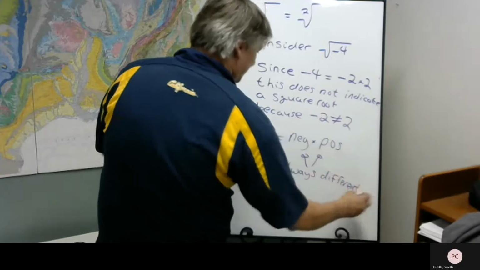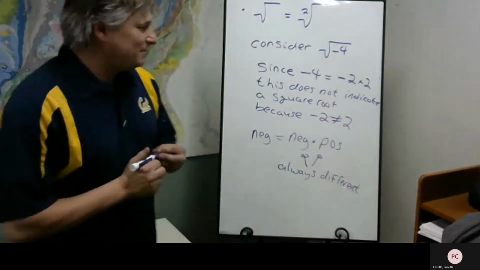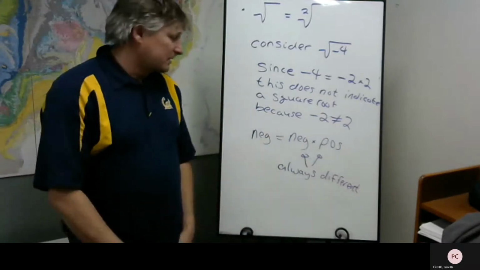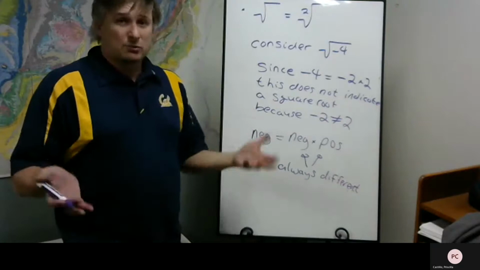These are always different. So that means we don't have the same number times itself. So that means there is no square root.